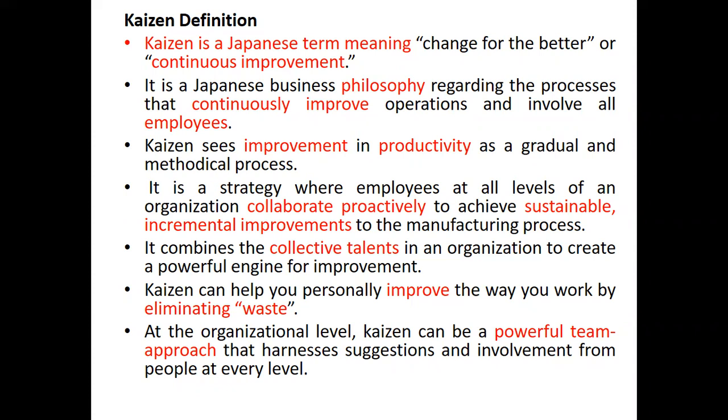So productivity is increasing. Due to using the steps or the principles of continuous improvement, the productivity of the organization is increasing. Methodology and procedures, what we are adopting, these are improving because everybody is looking for the change. Everybody is looking for the improvements.